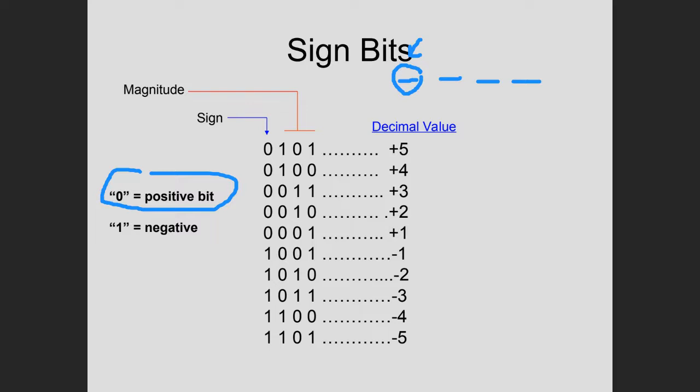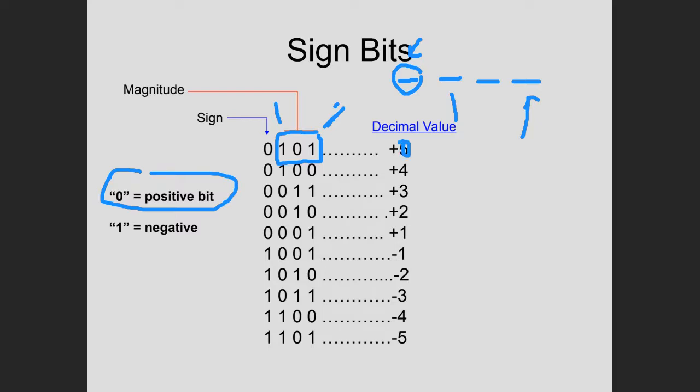Right here, this is the magnitude. This is where you apply that 8421 code. This first place right here is a 1, and this place right here is a 4. So I got a 4 and a 1, so I know that's a 5.